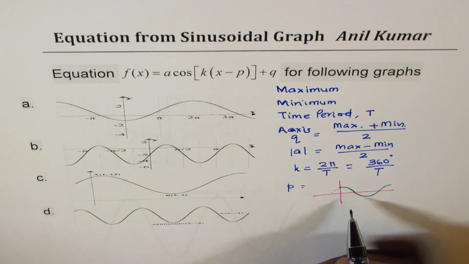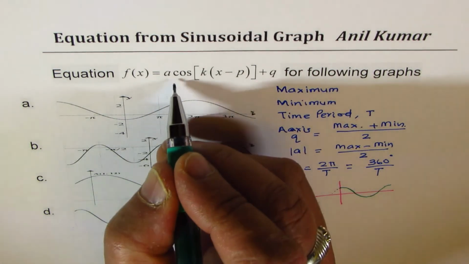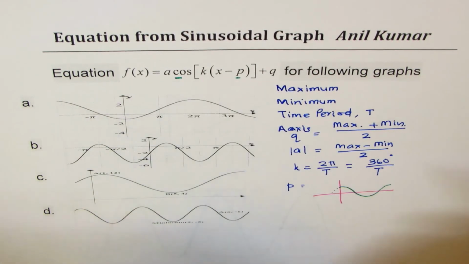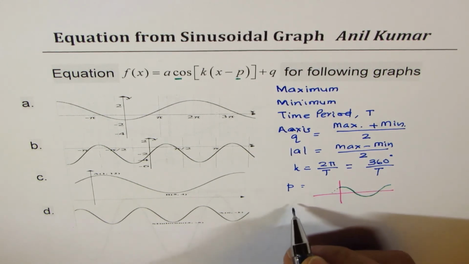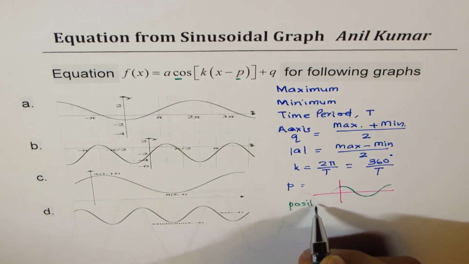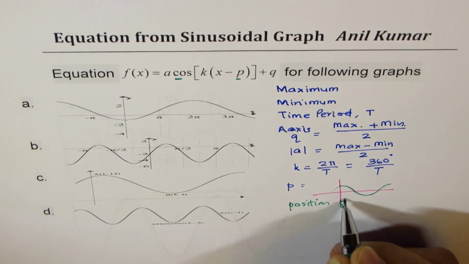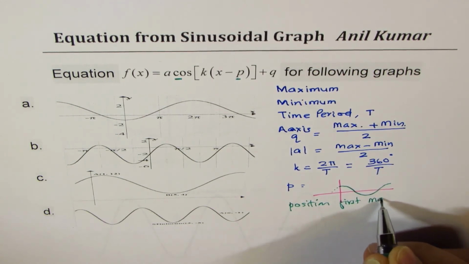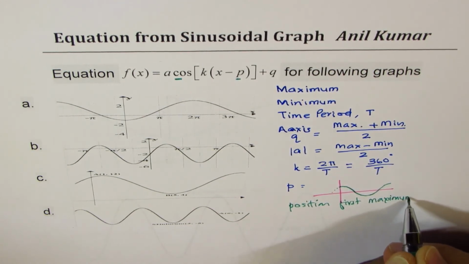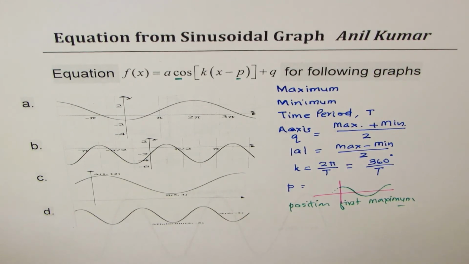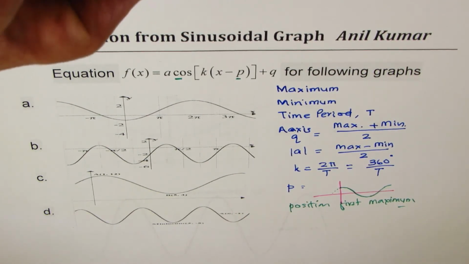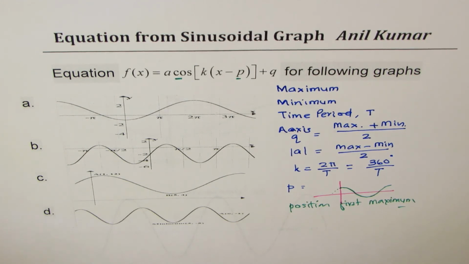So if you're writing a cosine function, to find p you have to locate the position of the first maximum. Is it okay? Now it is kind of critical, so as we do a few examples, it'll be absolutely clear.